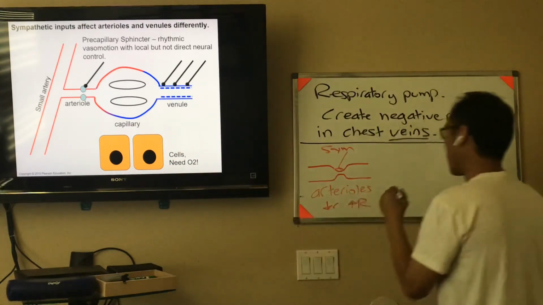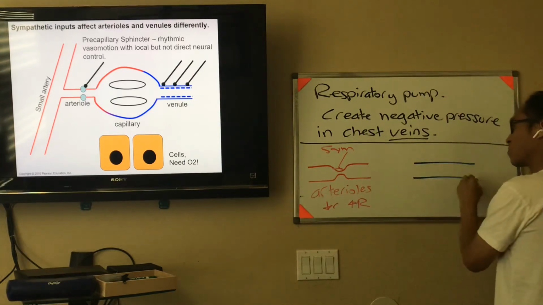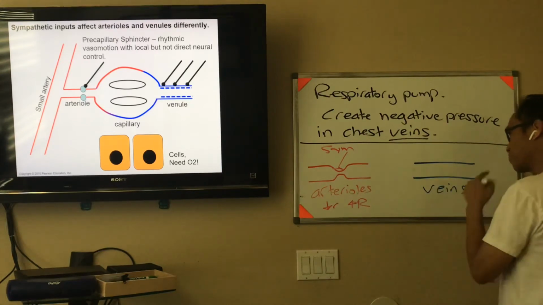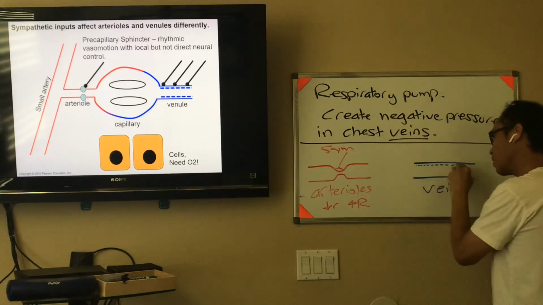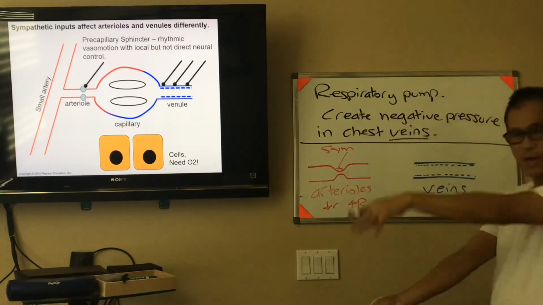For veins, instead of clamping down at one location, it's like you decrease the radius a little bit over a larger area.